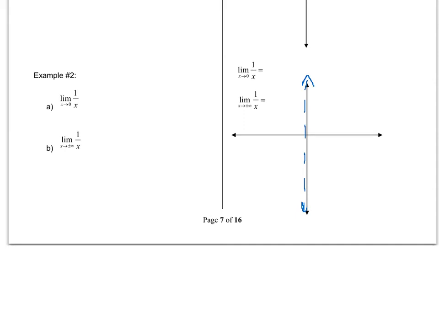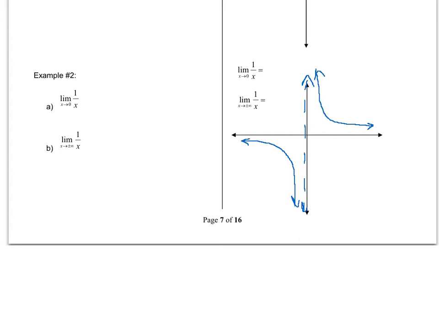And if you remember this function from pre-calculus, it's kind of like the sideways bow tie, butterfly shape, however your teacher described it. But what happens is, on the right-hand side of 0, as you get closer and closer to 0, you're taking 1 and you're dividing it by a smaller and smaller positive number. 1 divided by a very, very small positive number is a very, very large positive number.